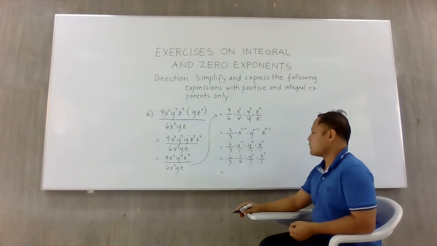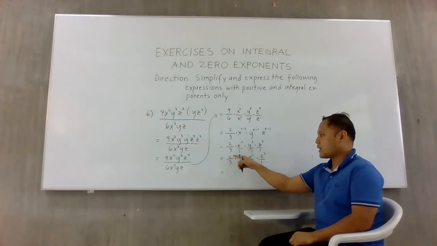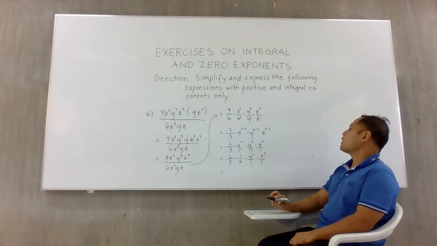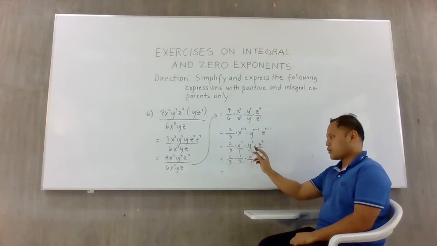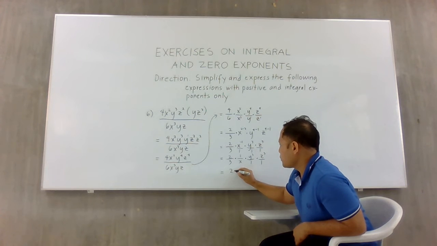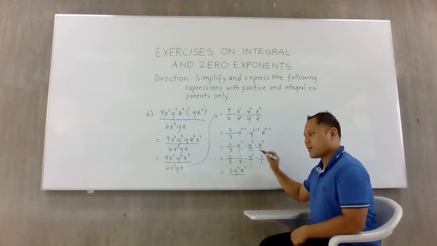And it looks like multiplying 4 fractions. We can directly multiply the numerators. We can also directly multiply the denominators. So 2 times 1 times y cubed and z cubed. It is 2y cubed z cubed. 3 times x times 1 times 1.